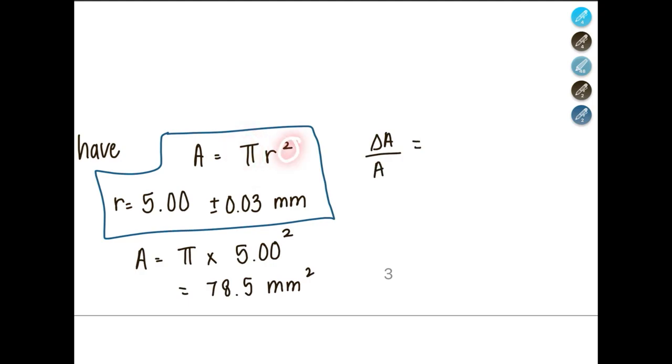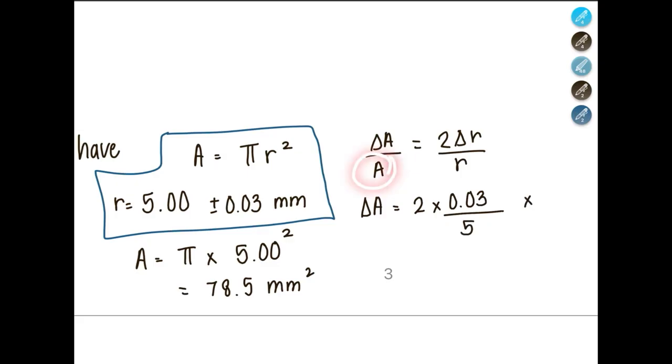Power 2 is going to be multiplied. So this is going to be 2 into delta R over R. So delta A equals 2 multiplied by 0.03 divided by the radius, which is 5. And then you have to multiply all of this by area, because this area goes over there. So that is going to be 78.5.